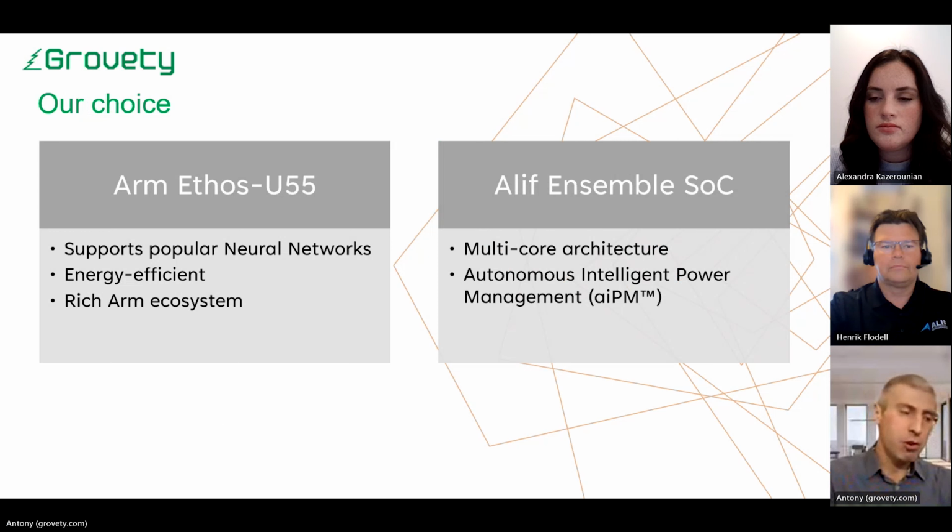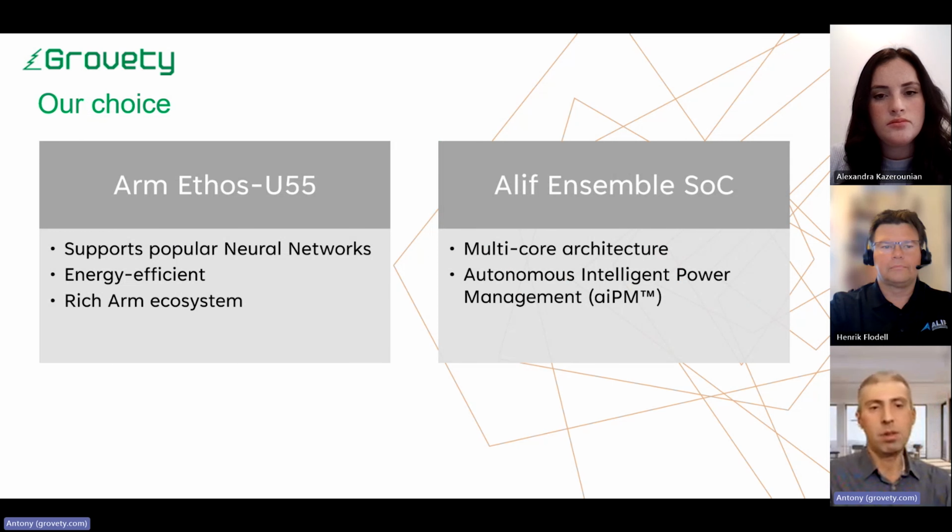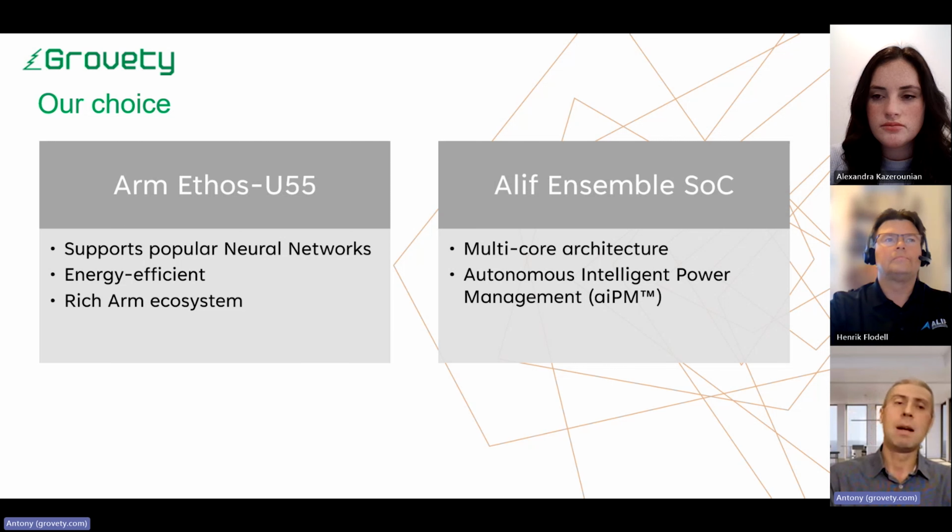And our choice was the ARM Ethos-U55 chip, because at the time it was new, and we had already worked with that chip. It supports popular neural networks. Our model zoo is well done, and it has good efficiency in energy and a rich ARM ecosystem.